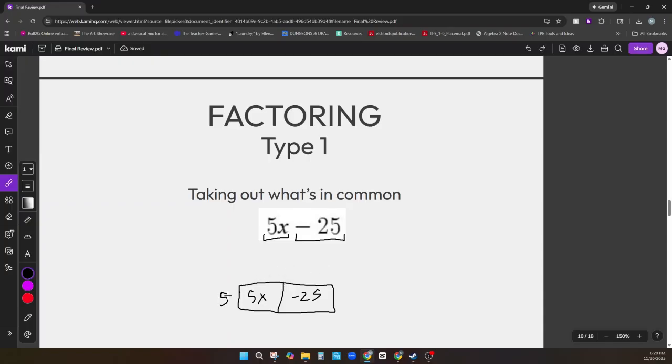So I ask myself, 5 times what gives me 5x? What I'm missing is that x. 5 times x gives me 5x. Similarly, I'm looking at 5 times what gives me negative 25? And that is going to be negative 5. So when I factor this out, I factor out the 5, and what's left over is x minus 5. And this is my final answer.